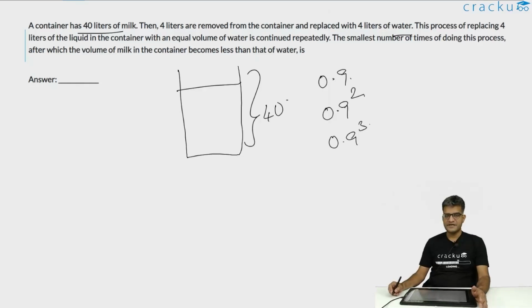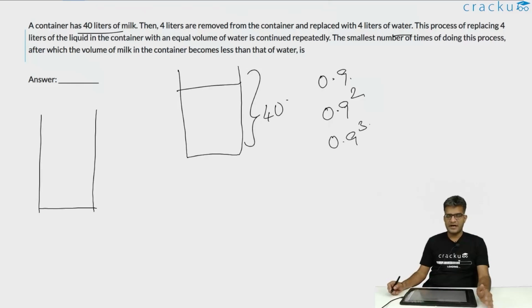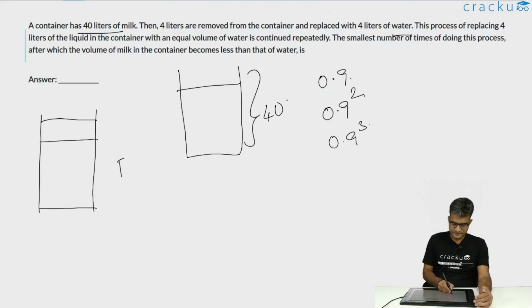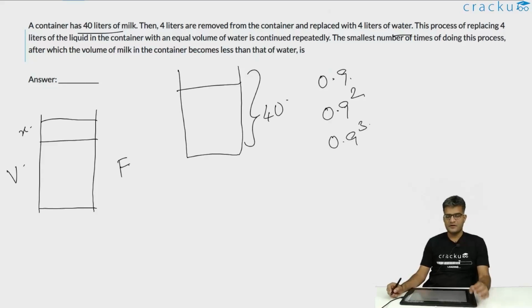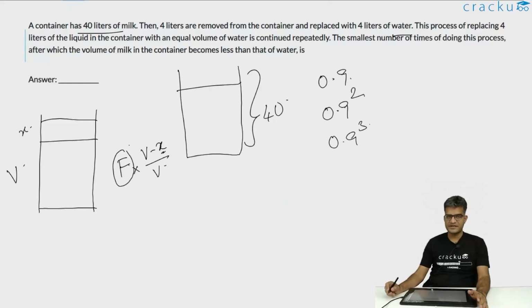Basically, if you have any container and say the fraction of milk is F at the start. If the total volume is V and X amount of the liquid is removed and replaced with water, the fraction of milk becomes F into (V minus X) divided by V, where F is the initial fraction of milk, and X is the amount that is replaced with water.